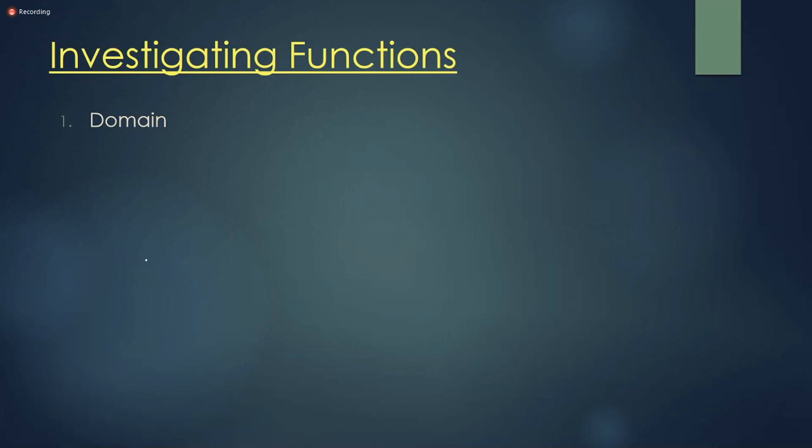For instance, if you know that the function is defined for all x values except one or two specific x values, you already start thinking, okay, those will probably be the vertical asymptotes. So that's imperative, understanding the domain.